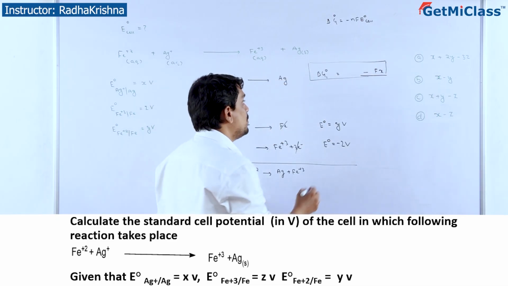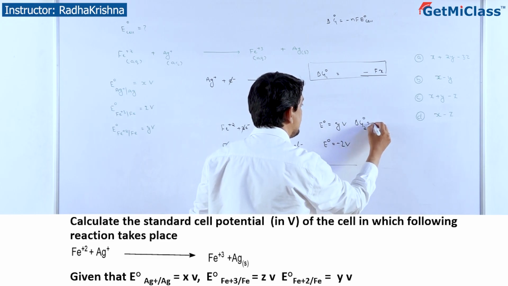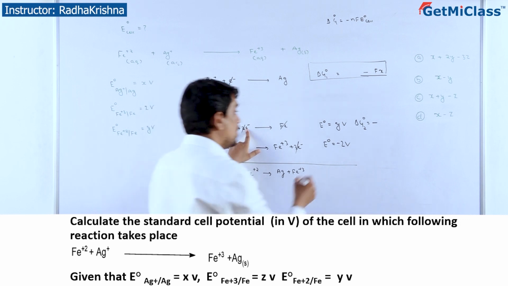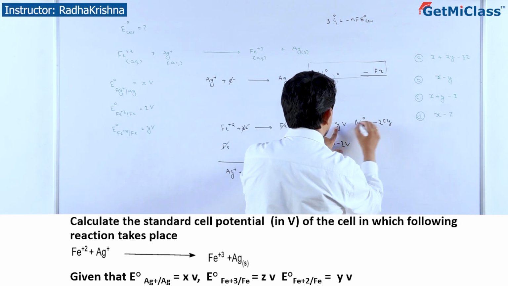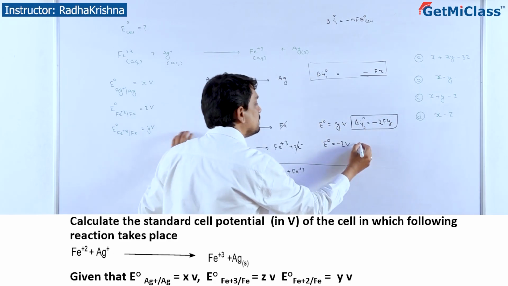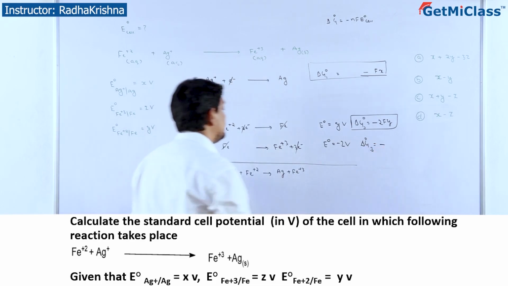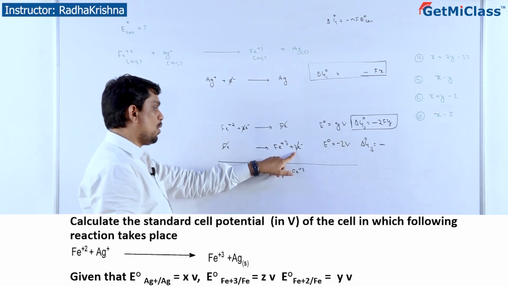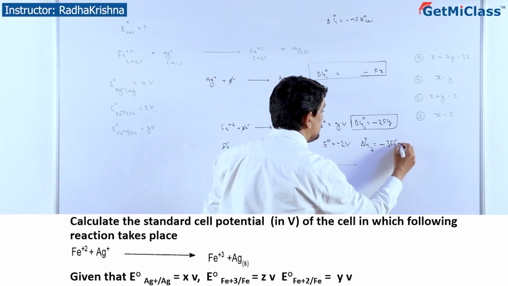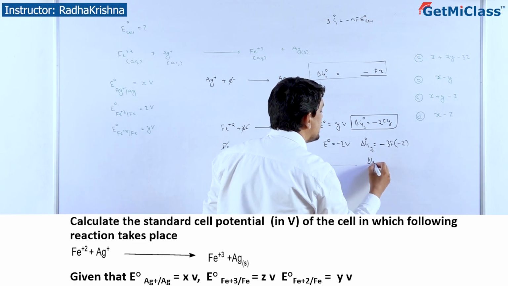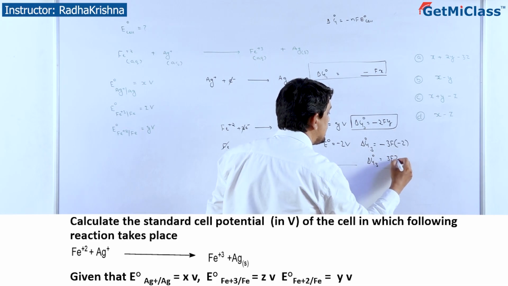Now delta G2 naught is minus n, 2 electrons involved, F, E0 is Y. Delta G3 naught is minus n, 3 electrons involved, F, E0 is minus Z. So delta G3 naught, minus into minus becomes plus, it's 3FZ.